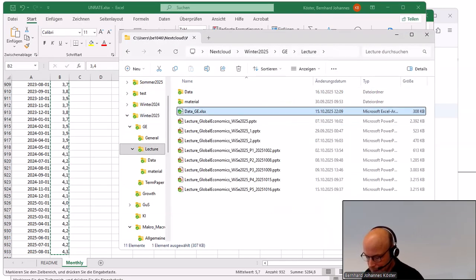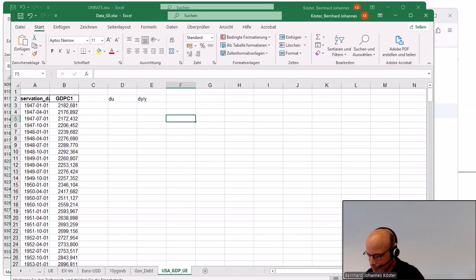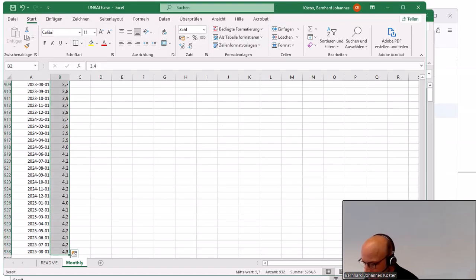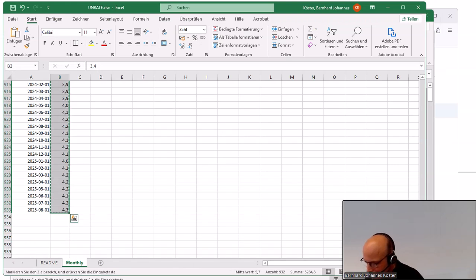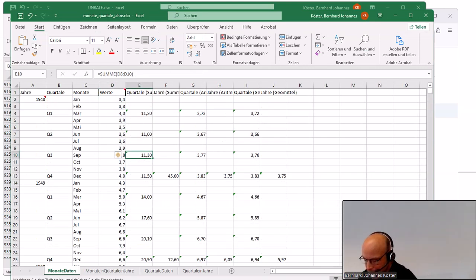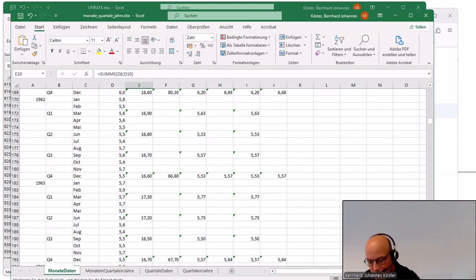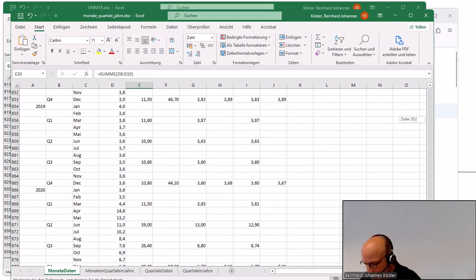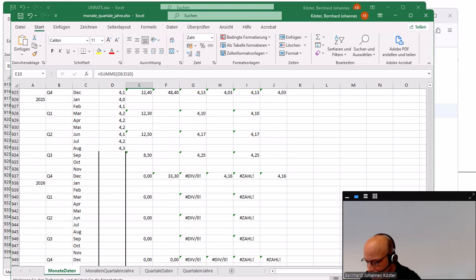Let's go to my data file for this lecture. This is the real GDP measured in chained US dollars, and here the unemployment rate, starting from the first quarter. Going to quarterly data, of course the last data point has to be the right one.